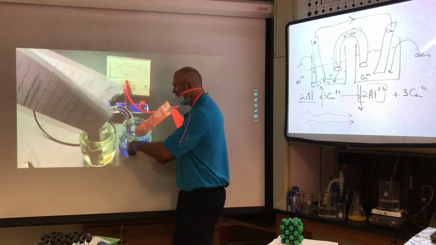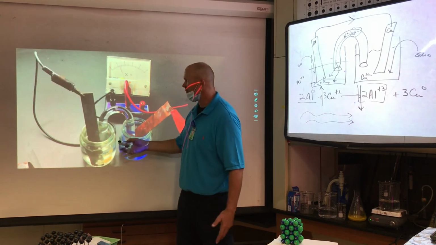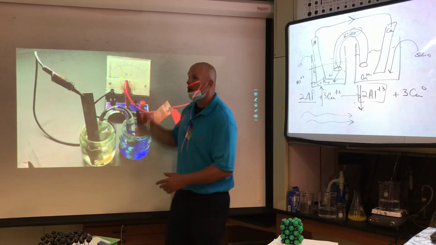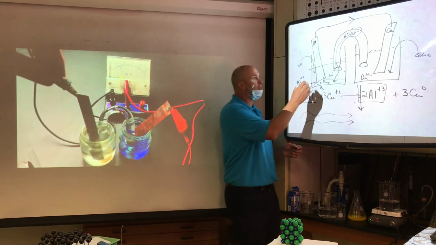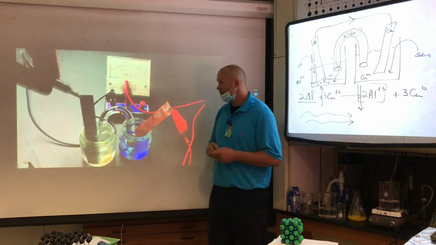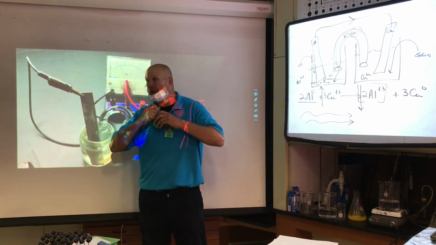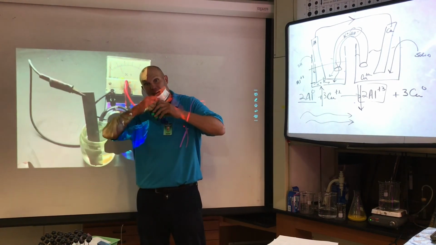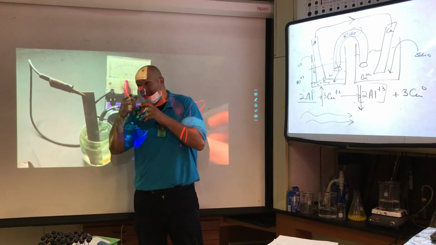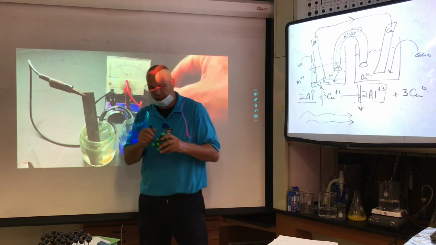Now I'm adding more solid KOH, even though I say NOH. And by adding more OH minus to here, I'm adding more of the chemical that's going to take away the oxide layer that's keeping aluminum from reacting, okay?